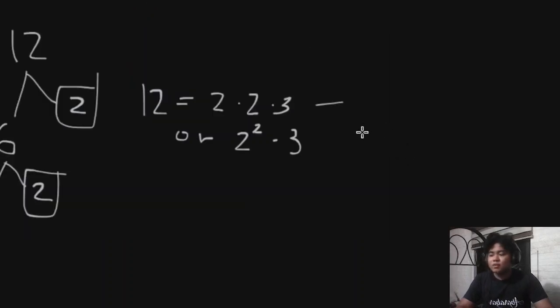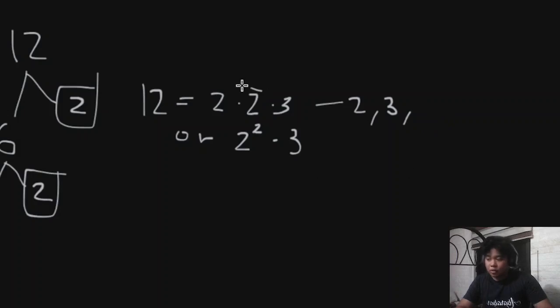Okay, so now let's find the different factors of 12. We can first use the prime factors that were already given, and they are 2 and 3.